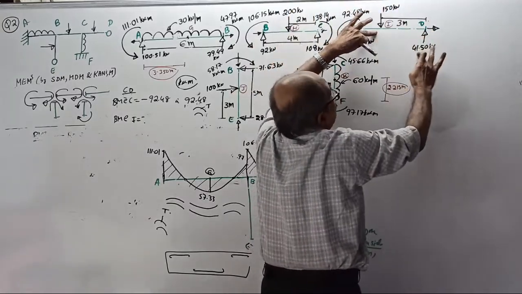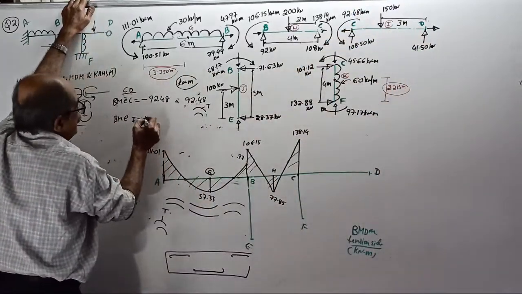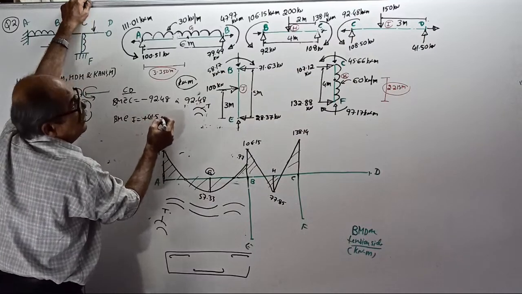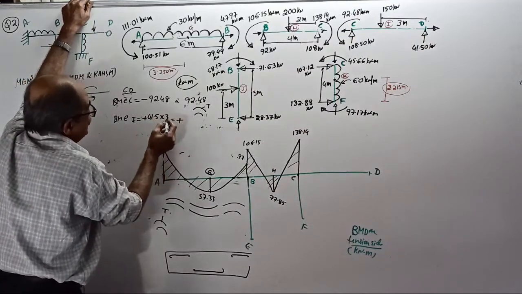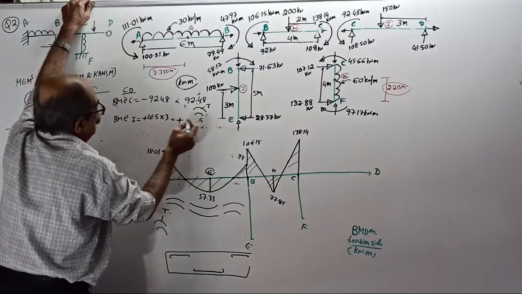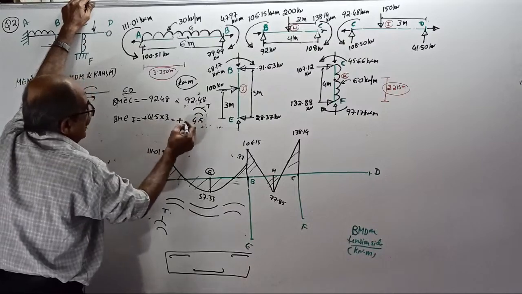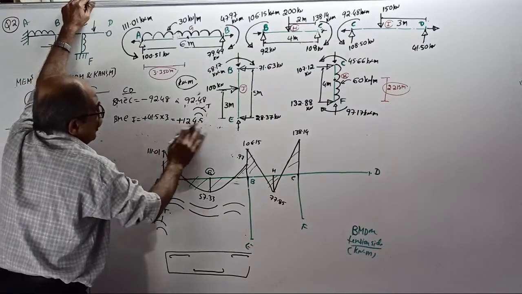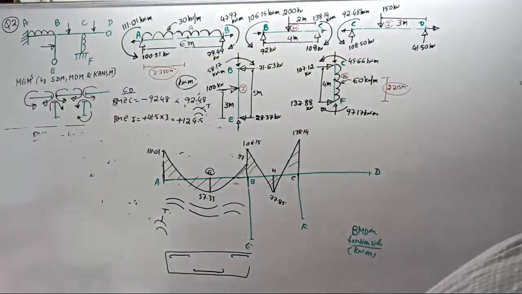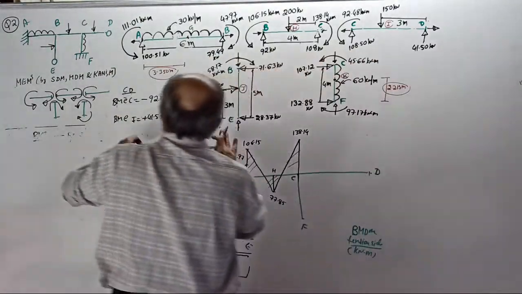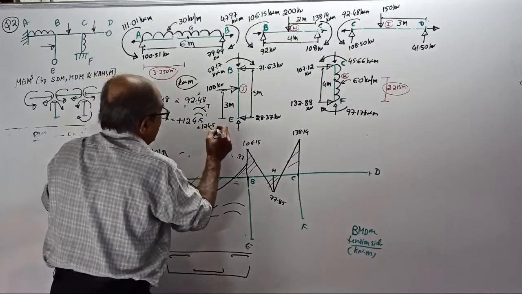Plus 41.5 into 3. Answer is plus how much? 124.5 positive. That means 124.5 sagging.